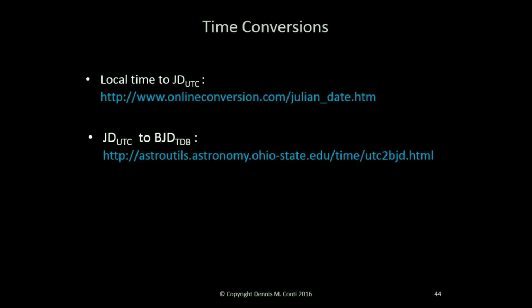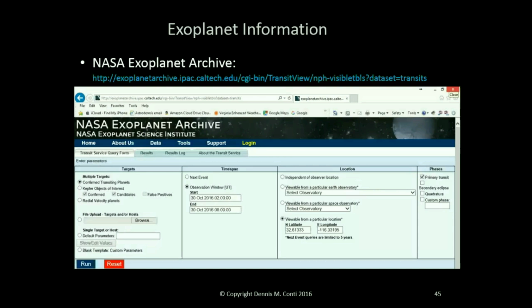However, it should be noted that when we actually get into doing exoplanet observations, the software itself will take care of doing a large number of conversions, but these might be of interest to you if you just wanted to see, for example, for some sample times, what the differences are between the different time bases.